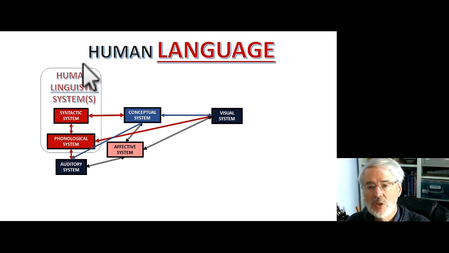So whether you want to talk about this as one or two systems, this is very briefly what people usually refer to as grammar.